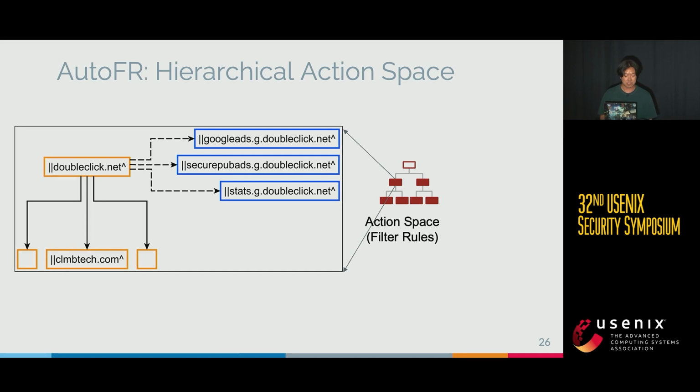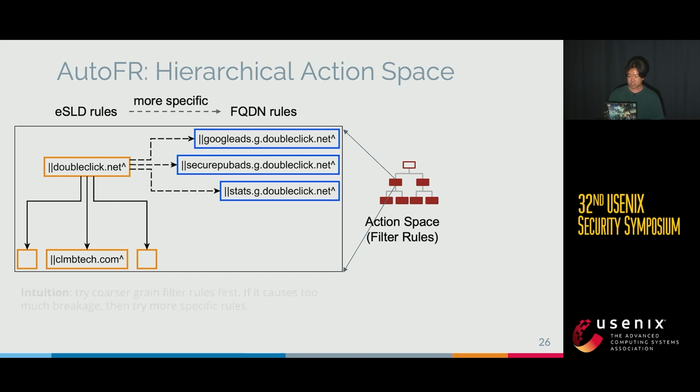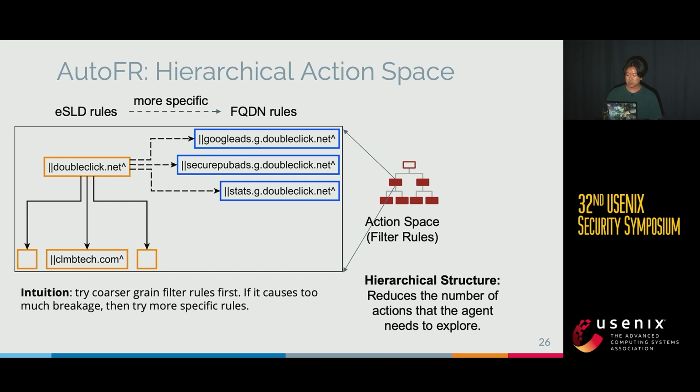For example, if we look at doubleclick.net, it's an eSLD form. However, it also has its FQDN forms as well, and there's a more specific relationship, as we noted with the dash edges. The intuition here is that we want to try the coarser grained filter rule first. If it causes too much breakage, then we want to try the more specific ones. This allows us to reduce the number of actions that the agent needs to explore.